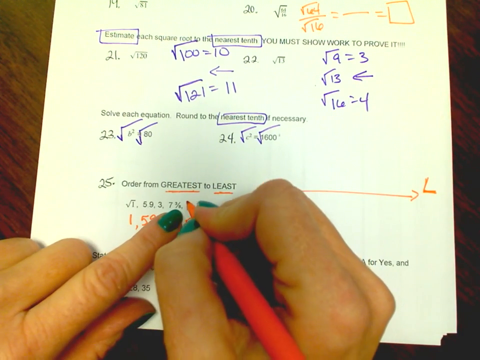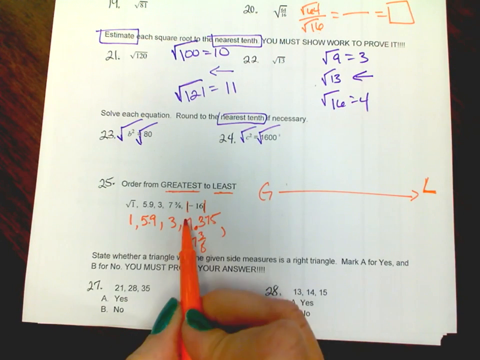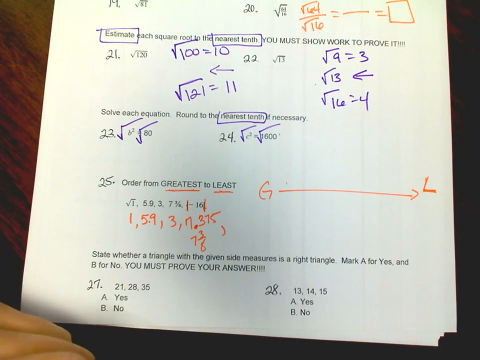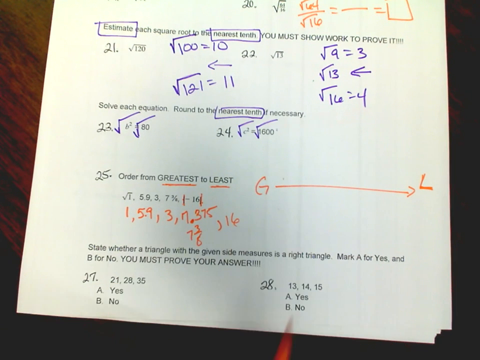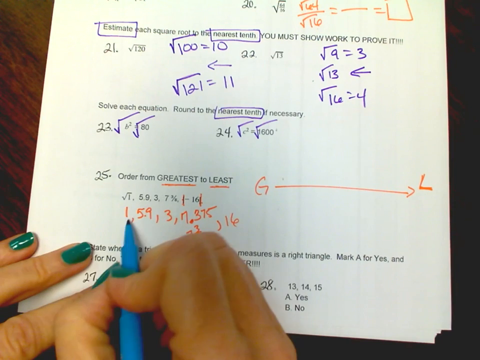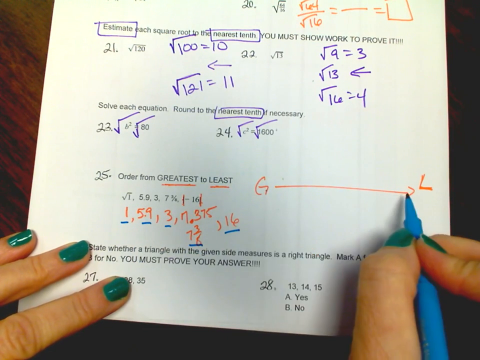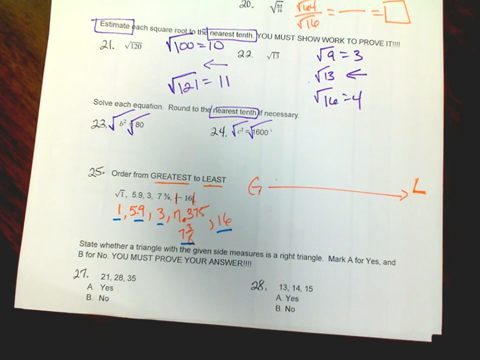And what is the absolute value? Some of you actually asked me yesterday what those lines meant. That is absolute value. Absolute value of a negative 16 is 16. So there's your numbers. List those from greatest to least. So I would go over here and pick out which one is my greatest number.